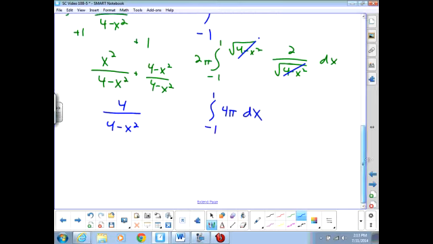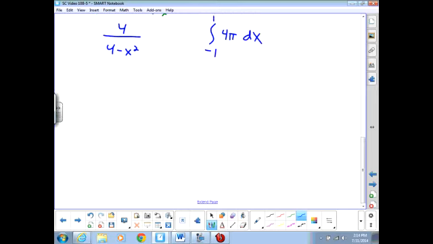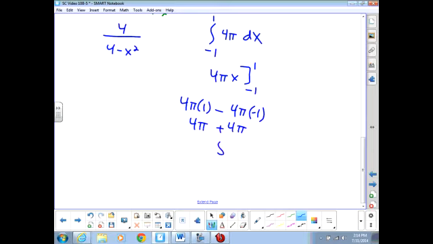This should be a really simple antiderivative to take because 4 pi is a constant, so all we'll do is tack on an x. We'll have 4 pi x evaluated from -1 to 1. So we'll have 4 pi times 1 minus 4 pi times -1. That'll just be 4 pi, and now plus 4 pi to give us 8 pi altogether. And that is the area of our surface of revolution.